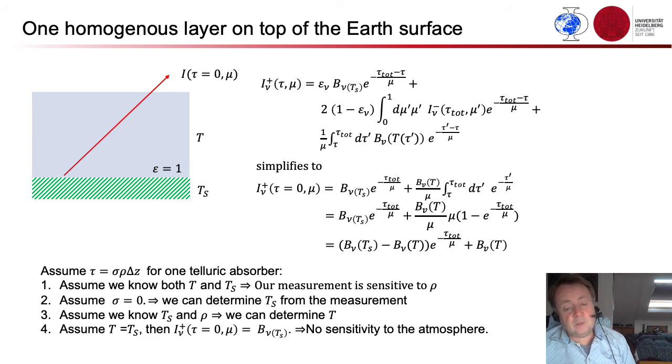In this particular case, there's no sensitivity at all to atmospheric information. So this is an example that we really need a thermal contrast between atmosphere and surface. Otherwise, these measurements do not tell us that much.